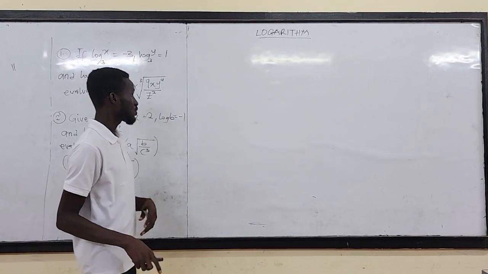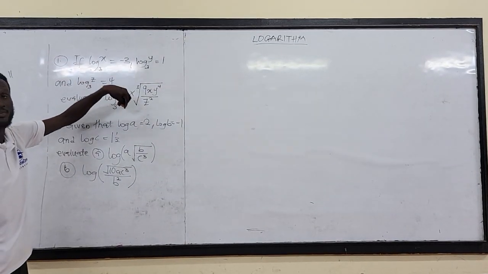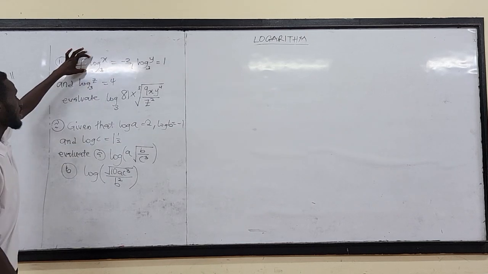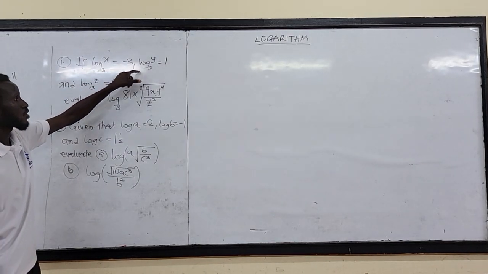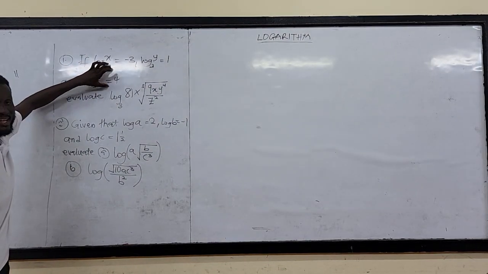Now we have log x base 3 is equal to negative 3. Look at it very well. Log x base 3 is negative 3. Log y base 3 is 1. And log z base 3 is 4.